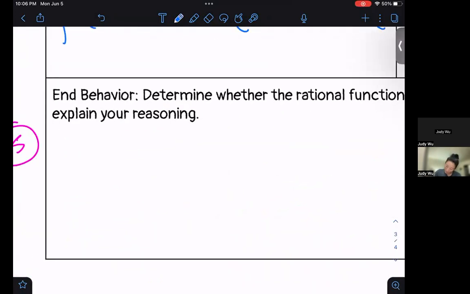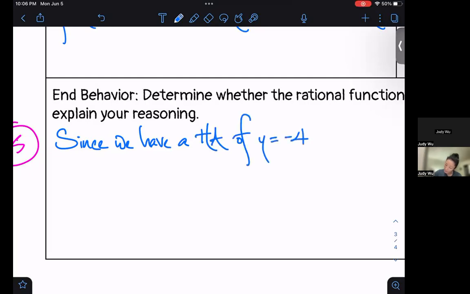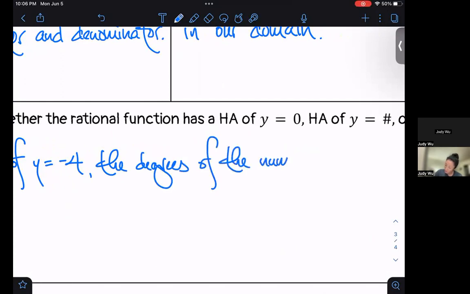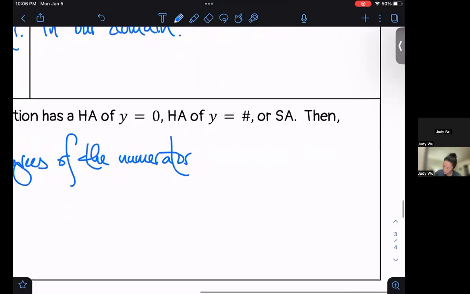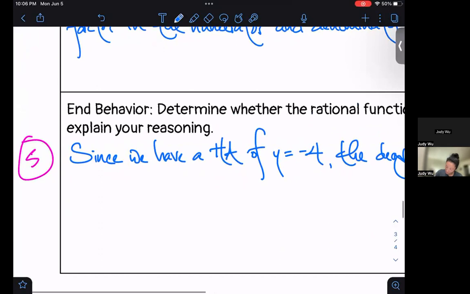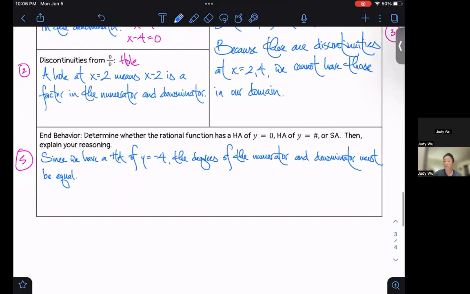So since we have a horizontal asymptote of y equals -4, the degrees of the numerator and denominator must be equal to each other, okay?